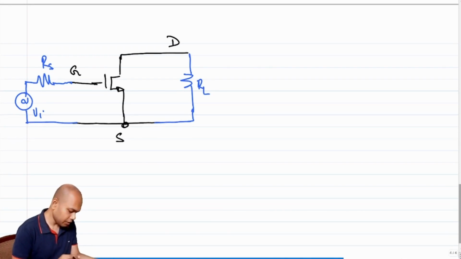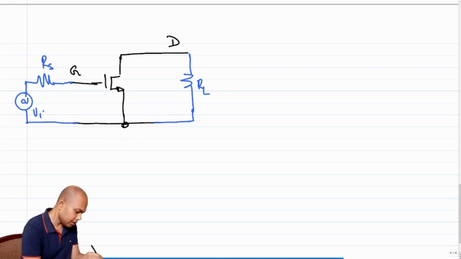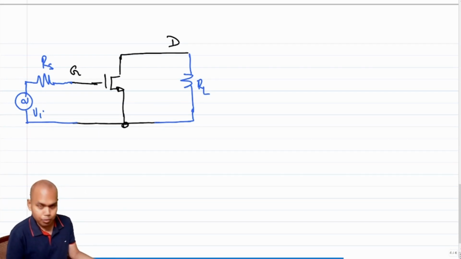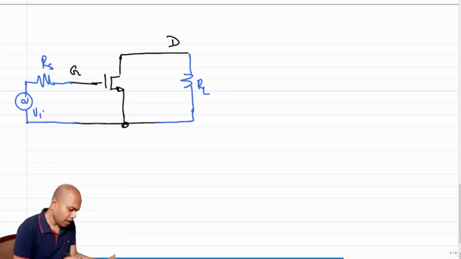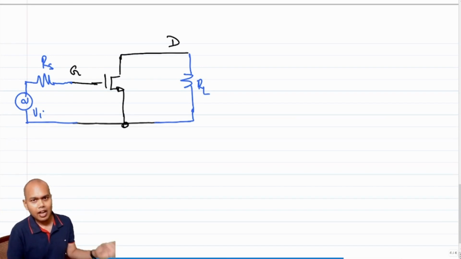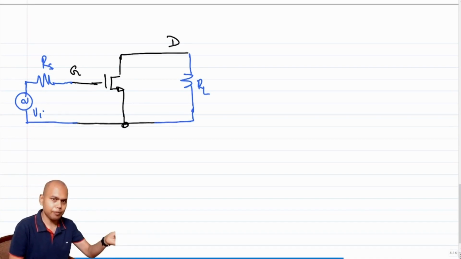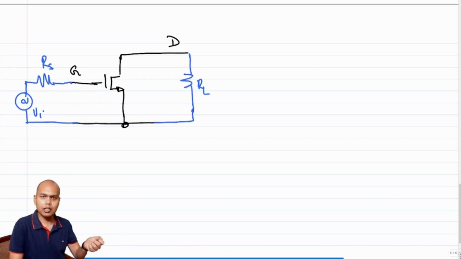And for the sake of simplicity, let me just say that the source seems to be a common terminal between the input and the output, right? And we know that every circuit that we do has one common terminal with respect to which we define all the voltages, because the absolute value of voltage doesn't have any meaning. It's always a voltage difference between two nodes.